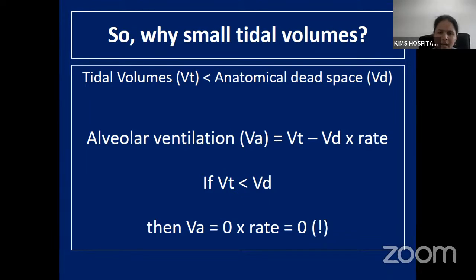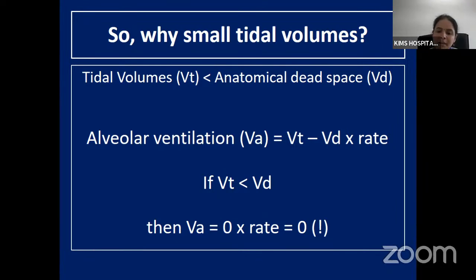And we all know that alveolar ventilation is the product of tidal volume and respiratory rate. And to be more precise, in alveolar ventilation, we subtract the dead space volume from the tidal volume. So it's tidal volume minus dead space volume multiplied by the rate. So if 5 ml per kg is the total tidal volume, and 1.5 ml per kg is the dead space volume, then for calculating the alveolar minute ventilation, we take 5 minus 1.5, that is 3.5 ml per kg multiplied by the rate.